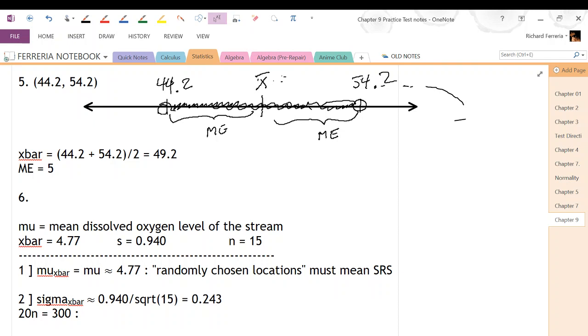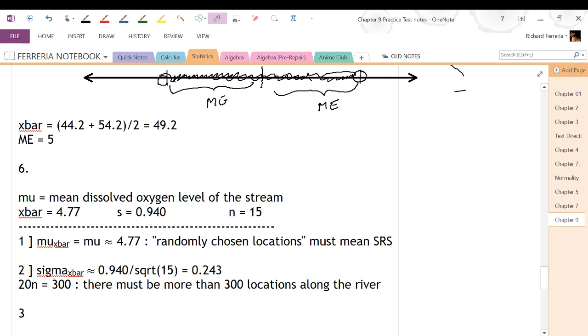Should be infinite, yeah. So there must be more than 300 locations along the river. Most likely there are more than 300 locations, considering the nature of the river. You can pull up a sample in plenty of places along the river.